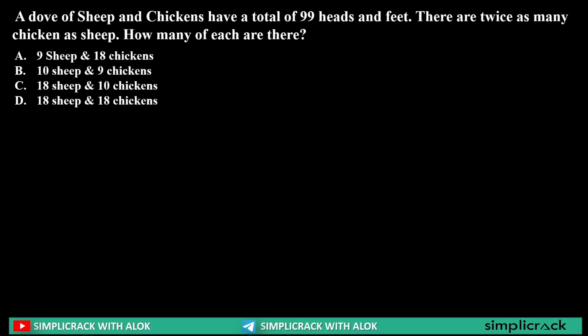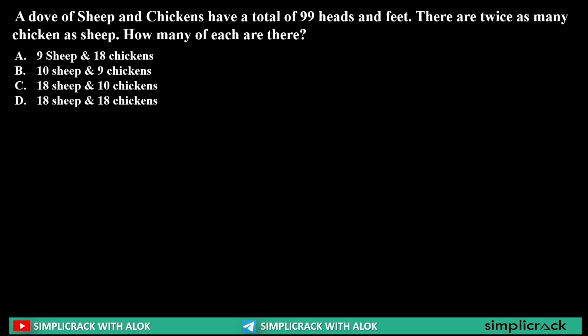A flock of sheep and chickens have a total of 99 heads and feet. There are twice as many chickens as sheep. See, even if you do not know how to solve it, simply try out trial. So let's take the first option, 9 sheep and 18 chickens.